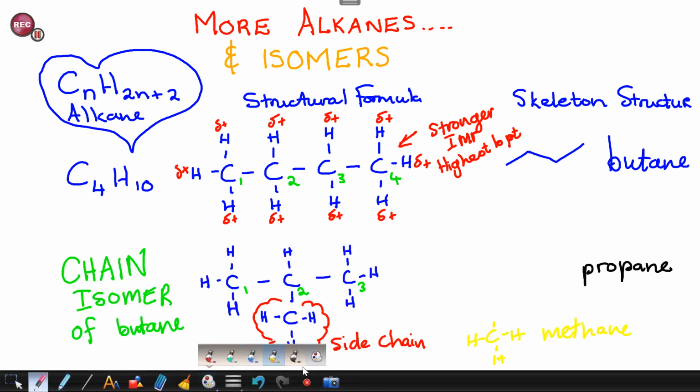So this is methylpropane, because that single carbon is joined to the longer chain. It comes from methane, the idea of methane, but now it's a side chain, so it's methyl.